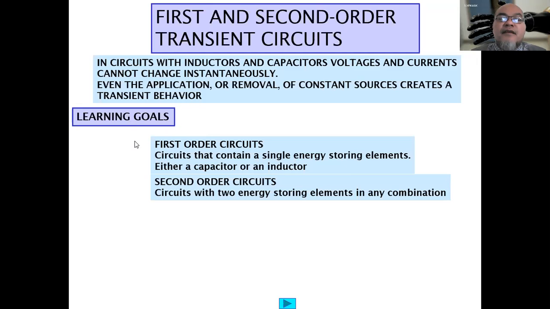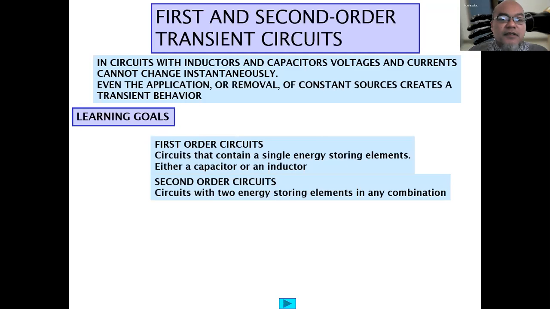In this chapter, we will learn first the first order circuits, hopefully by this week and also the first session of next week. First order circuits are circuits that contain only a single energy storing element, either a capacitor or an inductor.